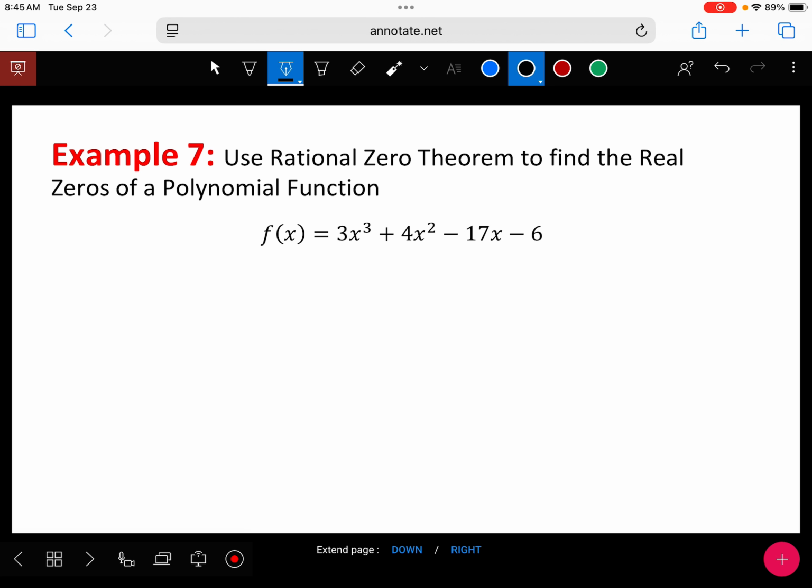Now it's a 3rd degree, so we only need to find 1 zero, and that's going to knock it down to a quadratic. And we have other methods to solve a quadratic. We can factor it or use the quadratic formula.